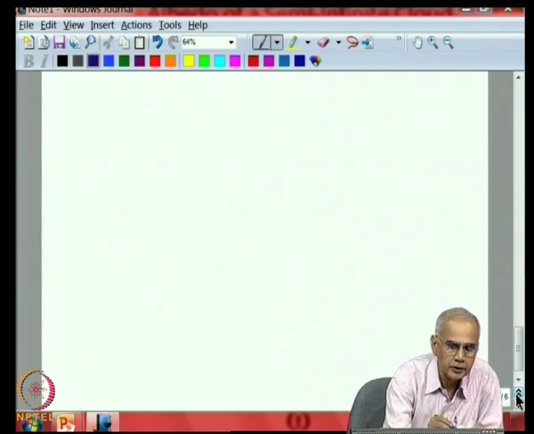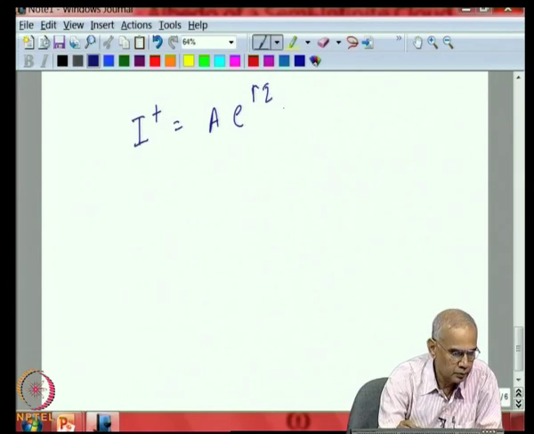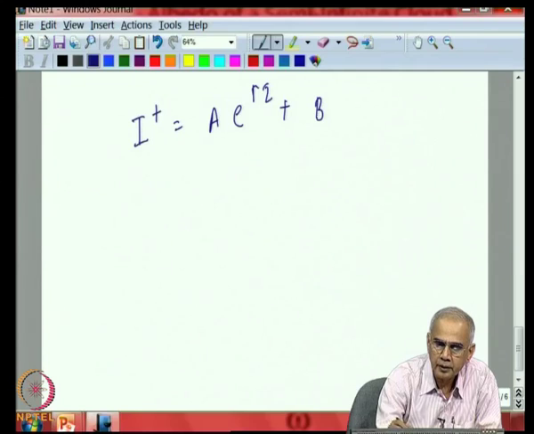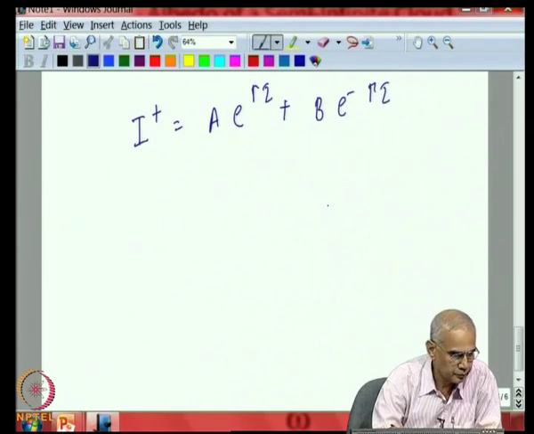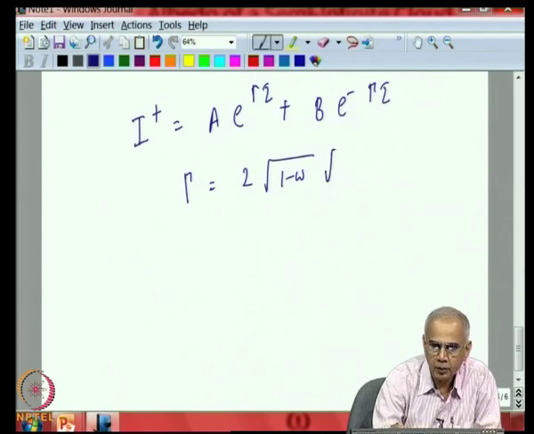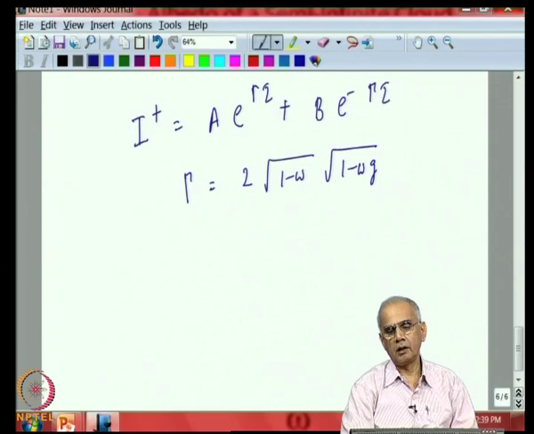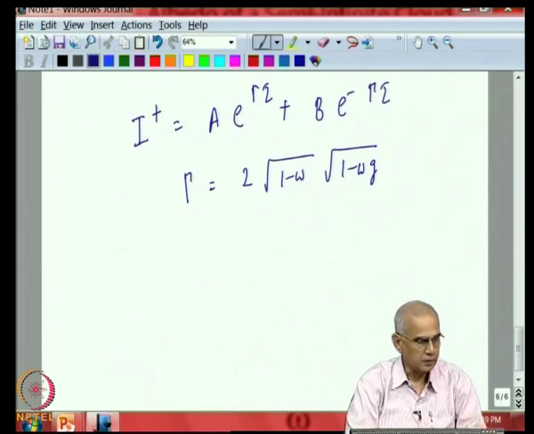So, the solution to the equation is I plus will come out as A e to the power of gamma tau plus B e to the power of minus gamma tau. Now, gamma is a little different from the previous, it is now 2 square root of omega 1 minus omega g. So, the asymmetry parameter is coming in here, which was missing in the last derivation.